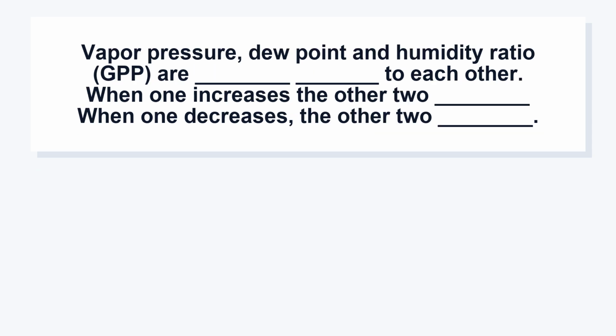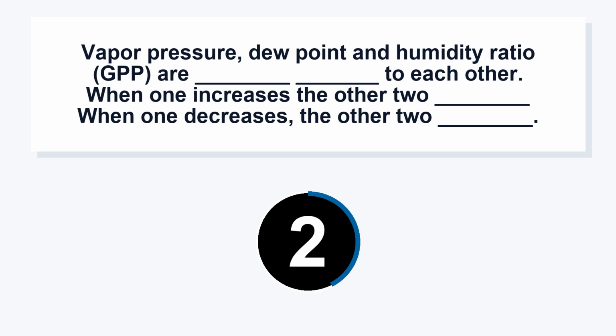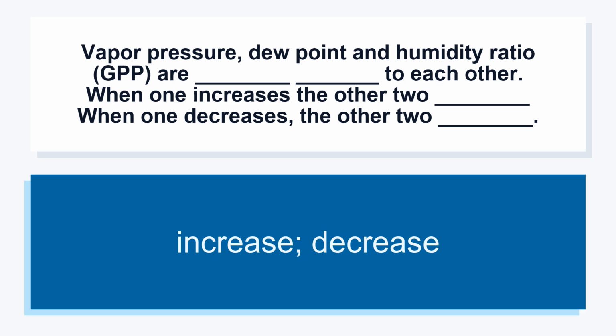Vapor pressure, dew point and humidity ratio, GPP, are related to each other. When one increases, the other two increase. When one decreases, the other two decrease.